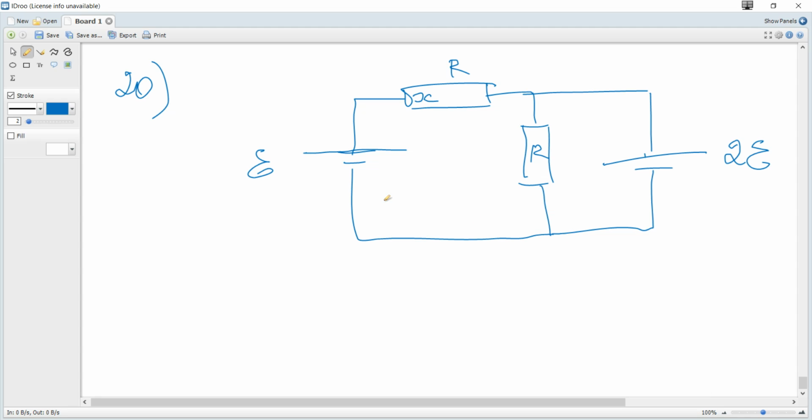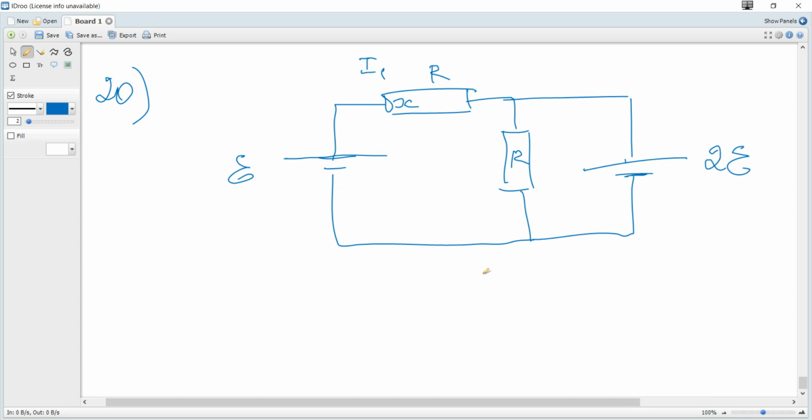Current in the resistor X, so let it be I1, and we can see what? We can see a complicated circuit and two cells at different places, so it seems we should use Kirchhoff's rules.